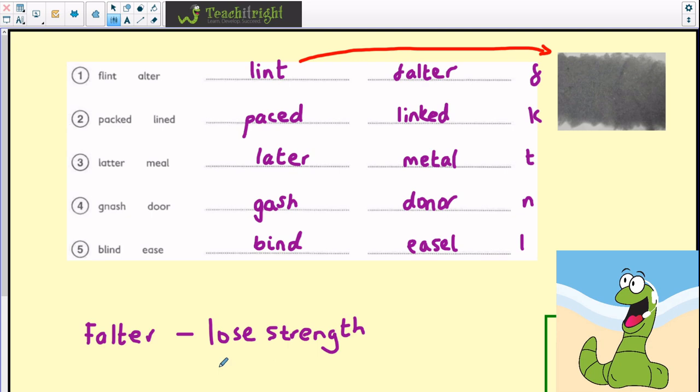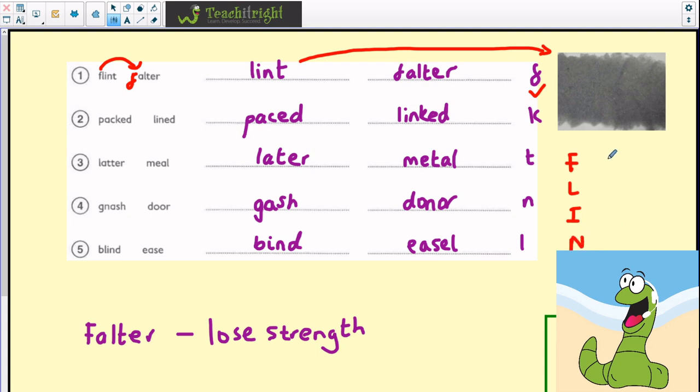Falter, which means to lose strength, is the second word that's created. So in this one we're taking the F out and it goes at the beginning. Now the letter of course can go anywhere in the word, so the answer is F, and that's what you'd have on your multiple choice sheet. So on a multiple choice sheet there will be 5 options, and this is what it might look like.